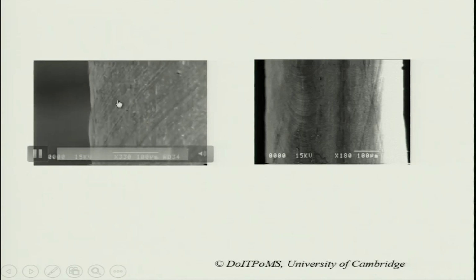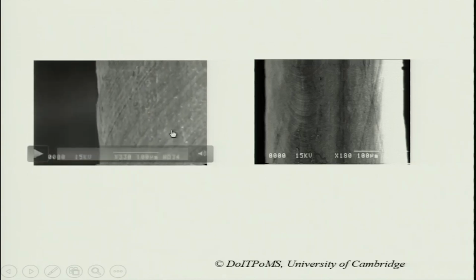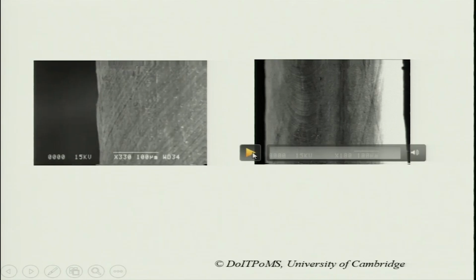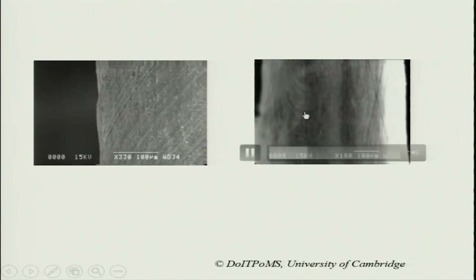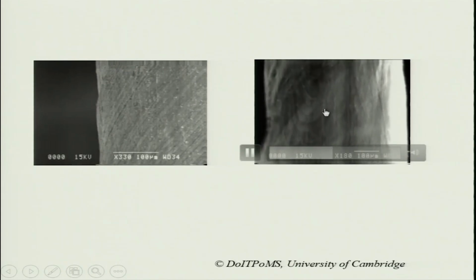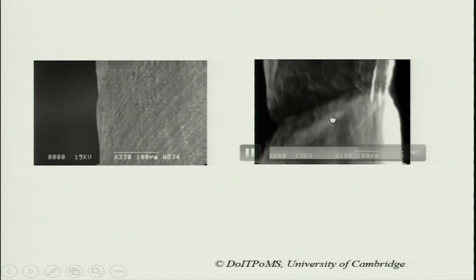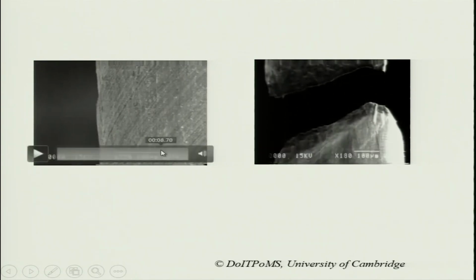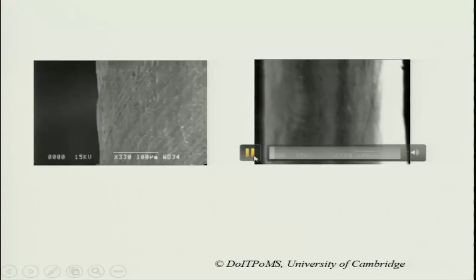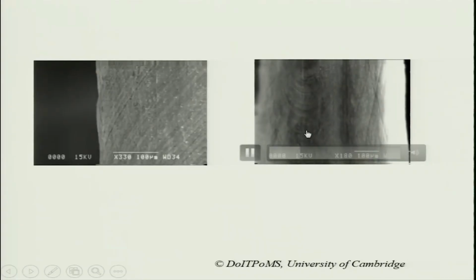Another video shows how it happens until fracture. You form the slip planes, then a neck, followed by fracture. This is a beautiful example of how slip happens, and it replicates what you saw in the engineering stress strain curve. You form a neck.